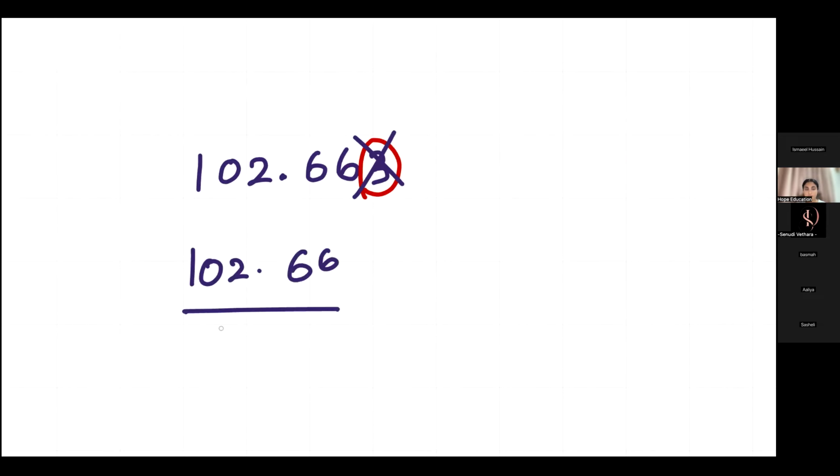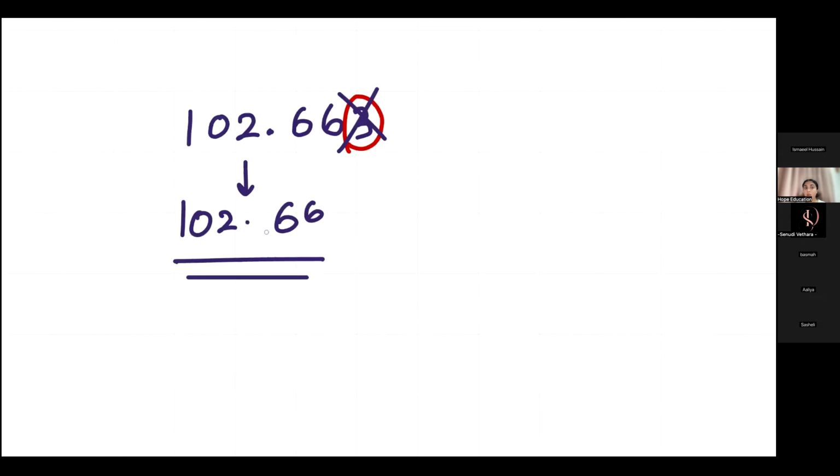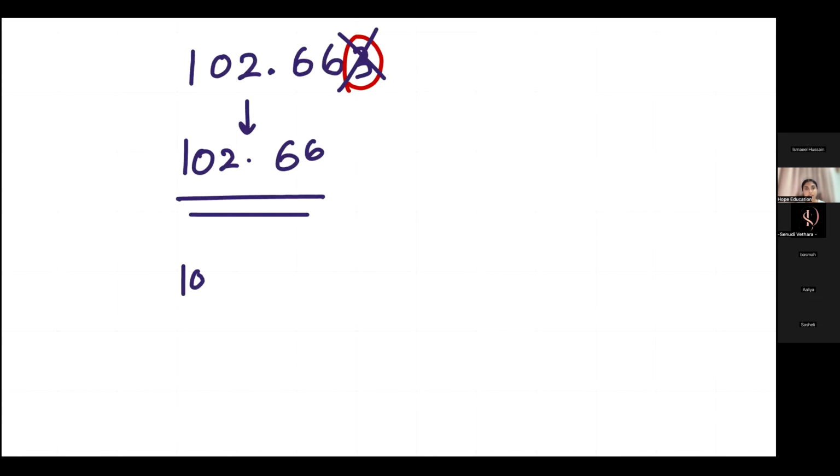That is rounding off. But let's say you have a number like this, what we got in our question: 102.667. Now I have to find it to 2 decimal places. So the third decimal place is extra. Is this third decimal place, which is number 7, less than 5 or greater than 5?